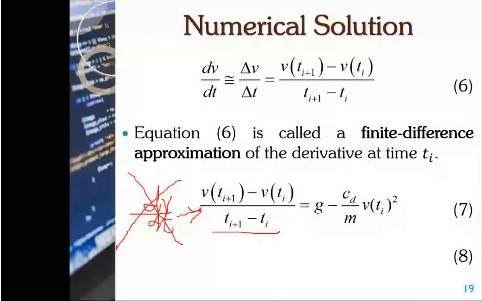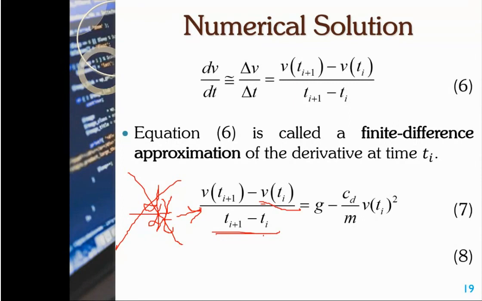Now, the idea here is that we try to estimate the current value, or should I say the future value, and send all the remaining parameters to the other side of the equation. Once I talk about the other parameters, we are looking at v(t) and t_{i+1} minus t_i.